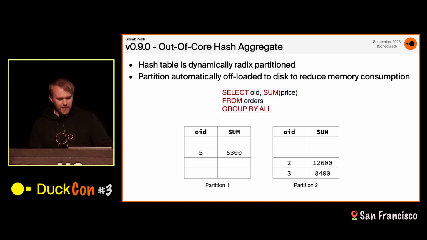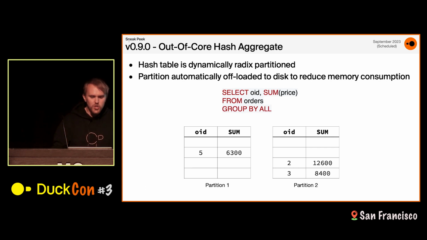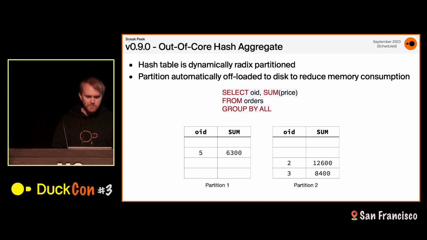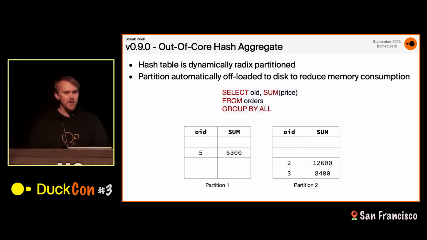That has the very cool result that you get super graceful degradation, so that even if, say, 80% of the hash table fits in memory, you won't end up with a big performance penalty. We make as much use of your memory as possible, all the way towards where almost none of your hash table fits in memory, and then of course you end up with a lot of I/O. So that's going to be very cool, and hopefully help you guys process even bigger data sets with DuckDB.